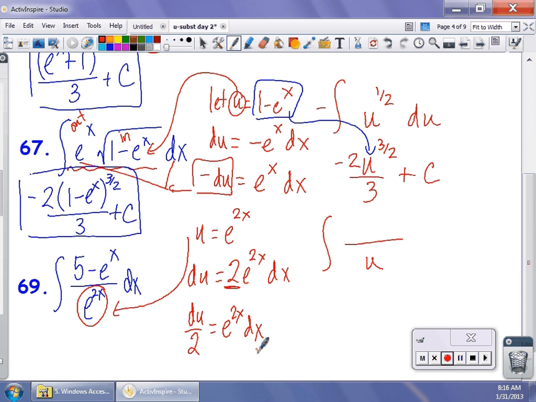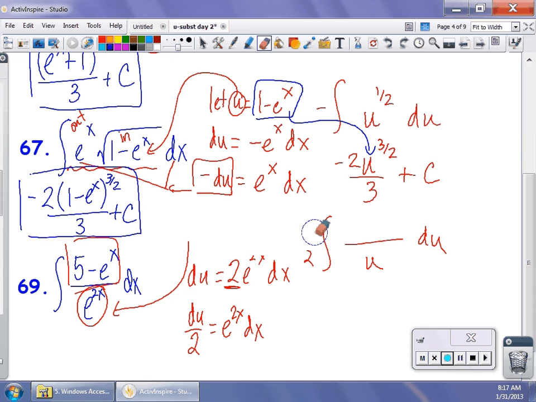Now when I come back over here and I look at my numerator, that doesn't really help me very much. Yeah, I can put a 1/2 here and I can put a du in the back, but that doesn't really help me replace the 5 minus e to the x. So if that substitution doesn't work, then I'm going to go back, even though I originally changed my mind, it looks like that's the direction that I'm going to have to go in.